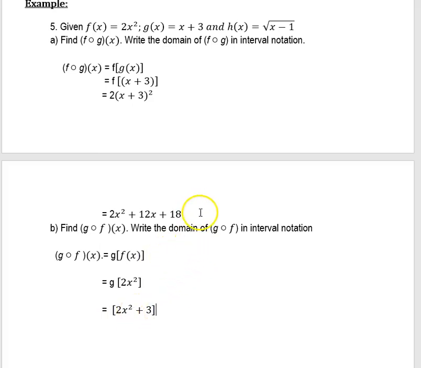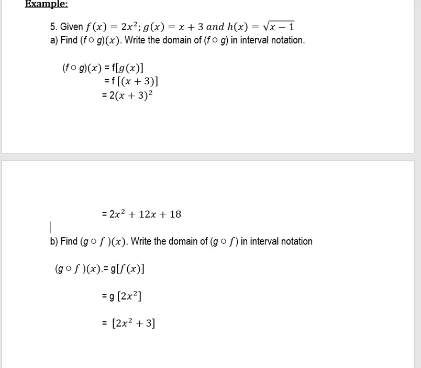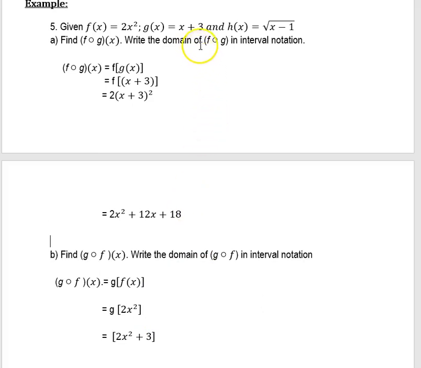Now, let's quickly look at writing the domain of that in interval notation. If you look at it, how do you find the domain? It means what values of x should you put here that will make this equation true? And this means any value can be put here to make this equation true.